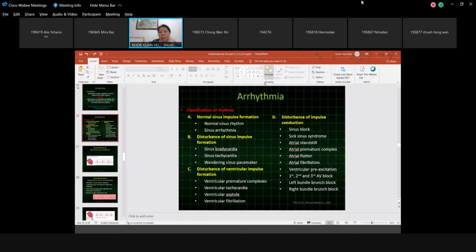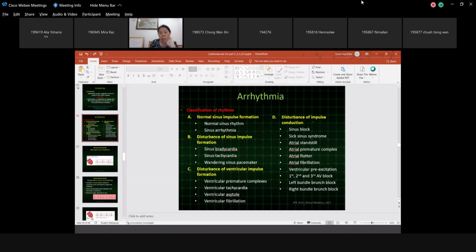But they are actually having an arrhythmia, often associated with SA block, a sinus block. Then normally the heart rate you get is very slow. If it is very slow, you want to know why, so you do an ECG to see the PQRST, whether it is normal or abnormal.